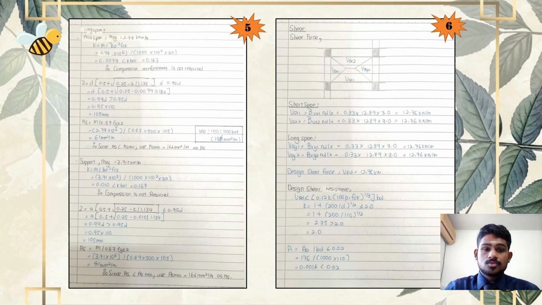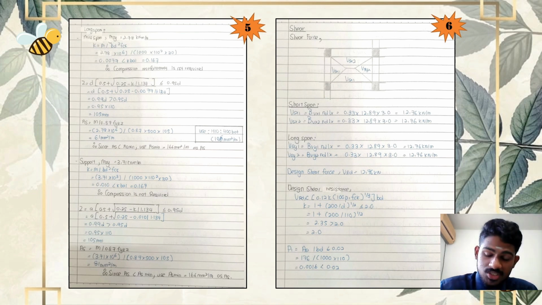Okay, now I'm moving to the shear force and shear sections. For the short span, VSX1 equal to 0.33 times 12.89 times 3.0 equal to 12.76 kilonewton per meter, and also VSX2 equal to 0.33 times 12.89 times 3.0 equal to 12.76 kilonewton per meter.